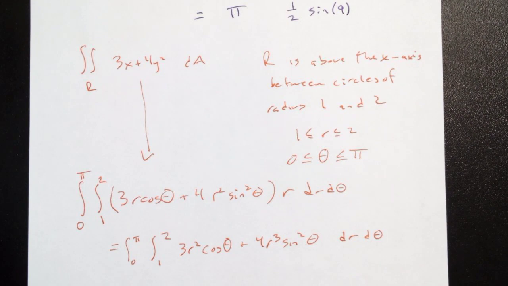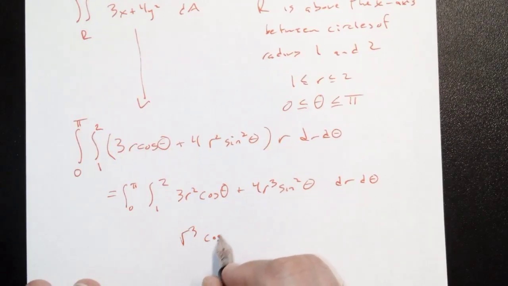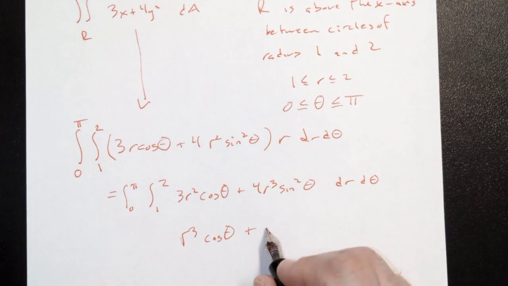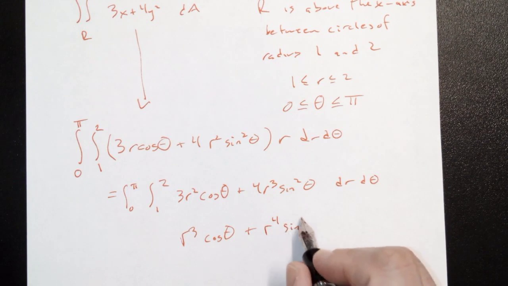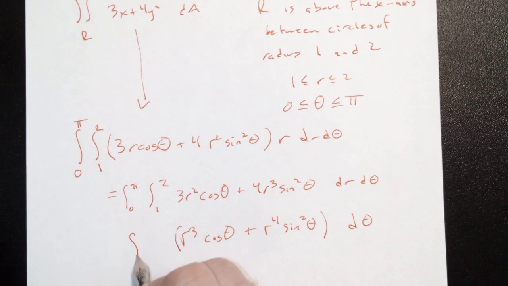What's the integral of 3r squared? r cubed. Leave the cosine θ alone. What's the integral of 4r cubed? And I leave the sine squared θ alone. That gets evaluated from r equals 1 to r equals 2.